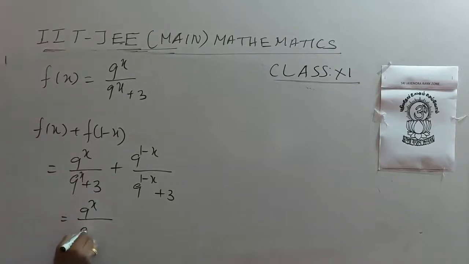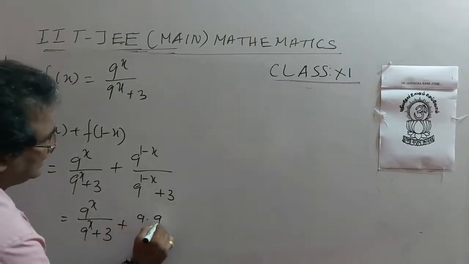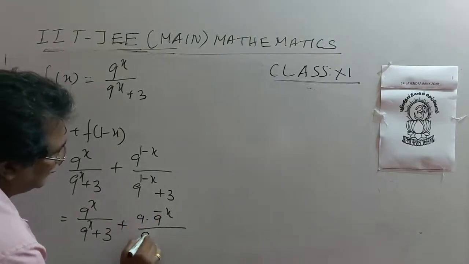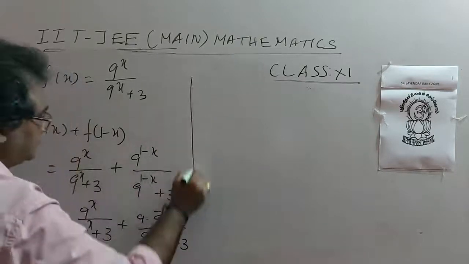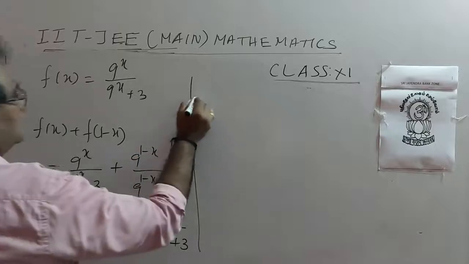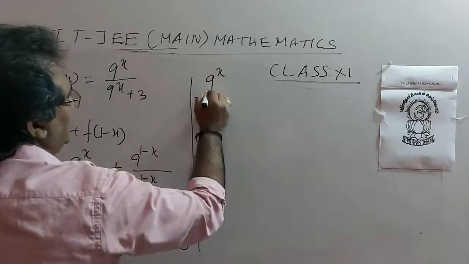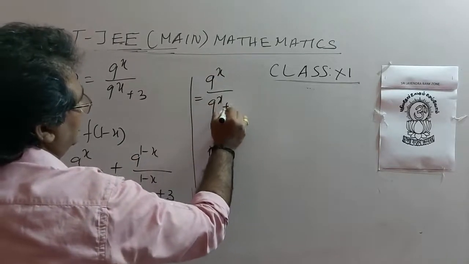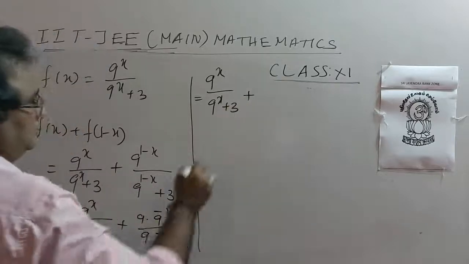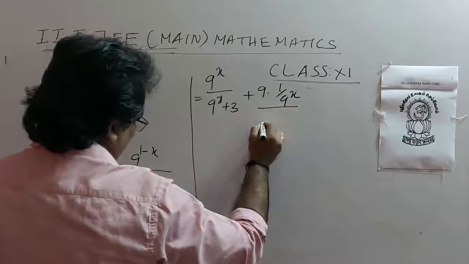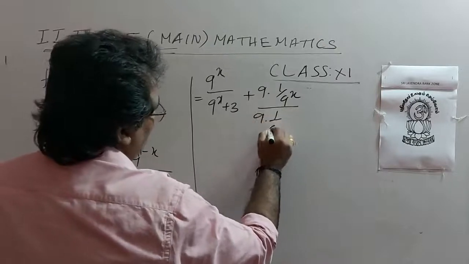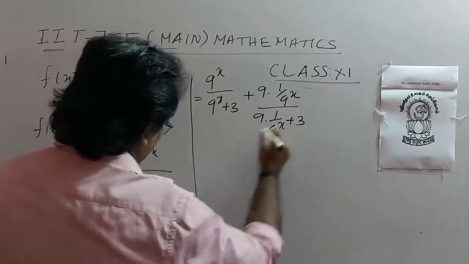That is 9 power x by 9 power x plus 3, plus 9 into 9 power minus x divided by 9 into 9 power minus x plus 3, which is 9 power x by 9 power x plus 3 plus 9 into 1 by 9 power x divided by 9 into 1 by 9 power x plus 3.